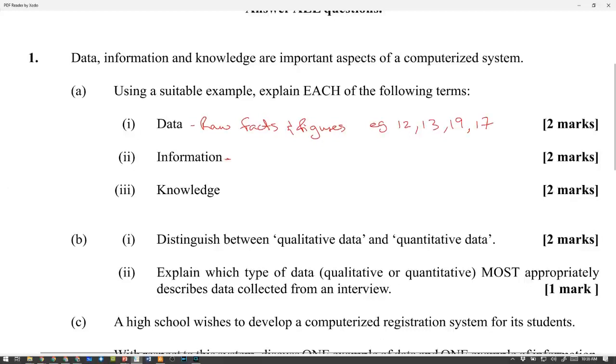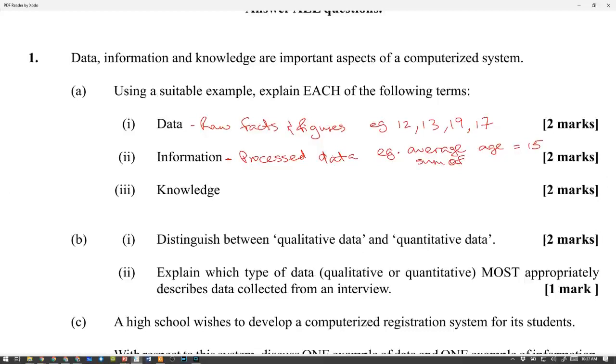Information is processed data. Example, average age. Example, average age is equal to 15. So any processing, so you could say average age, or you could say sum of, usually any mathematical calculations that you could think of is processing.